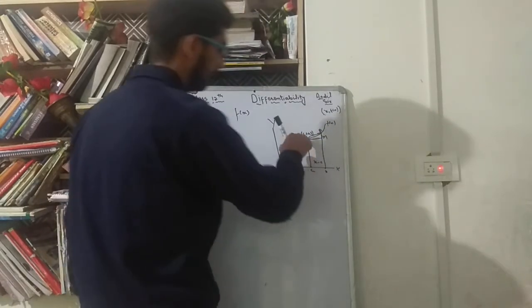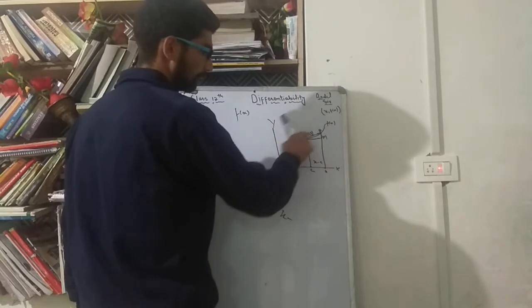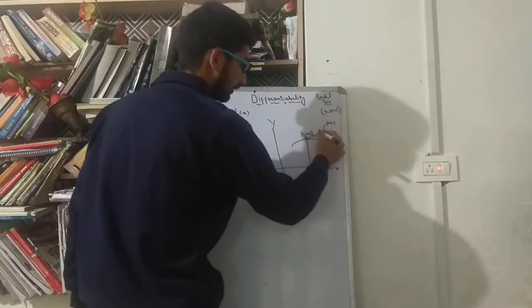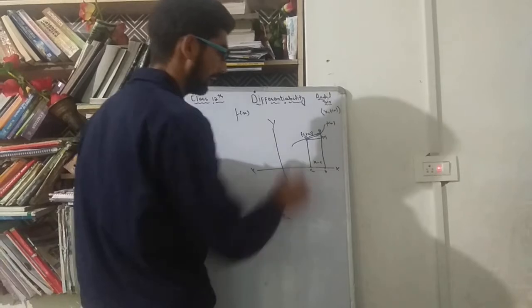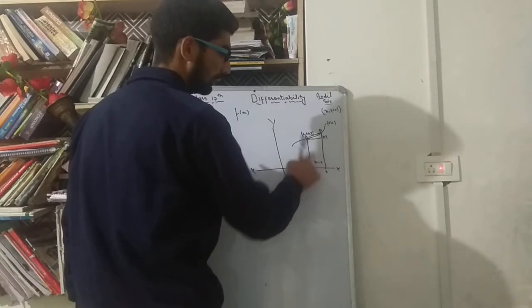In order to find the slope of PQ, I must have the distances QM and PM. PM, we know, is equal to x minus C.